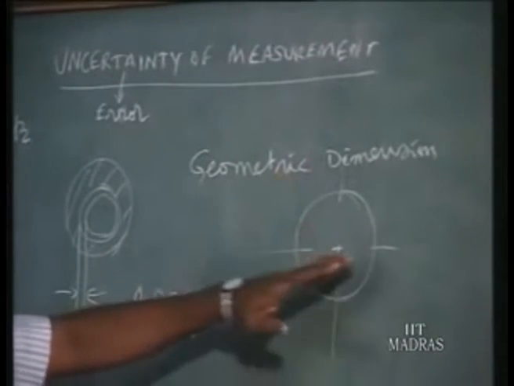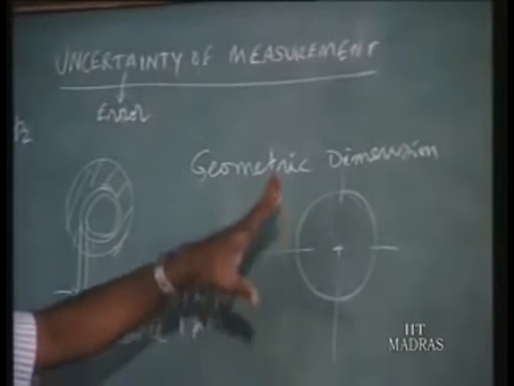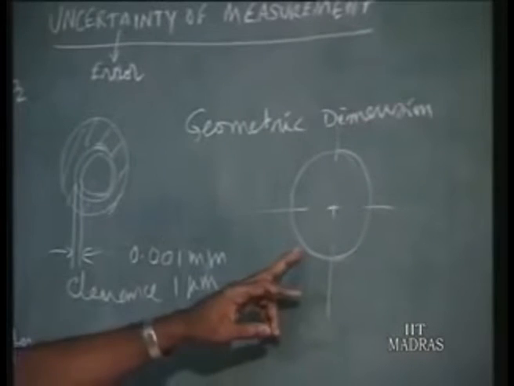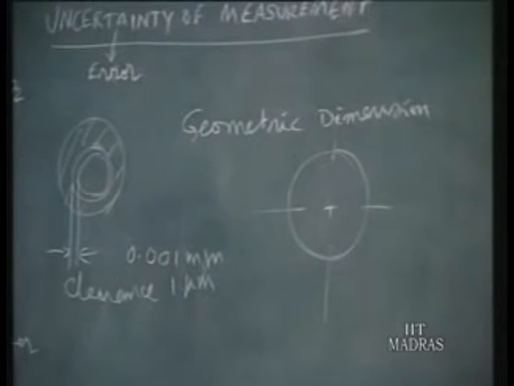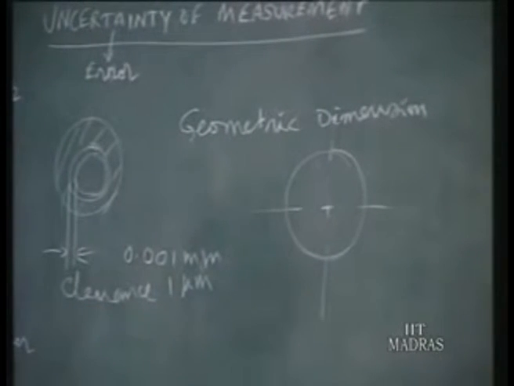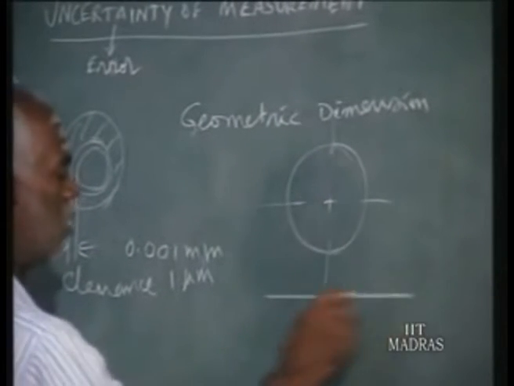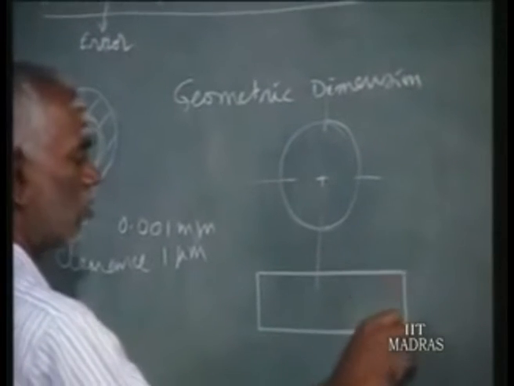It may have a lobed surface, or it may be elliptical in shape. Even though we are told it is round, in practice a perfectly round shape is very tough, because there are out-of-roundness and surface irregularities. For example, take the length of a round rod.